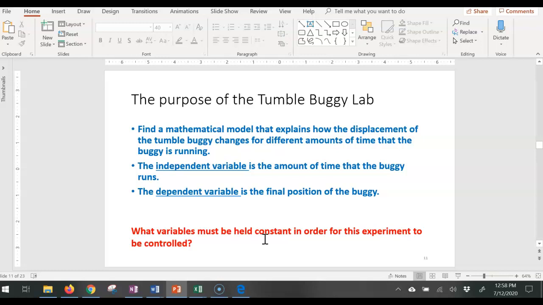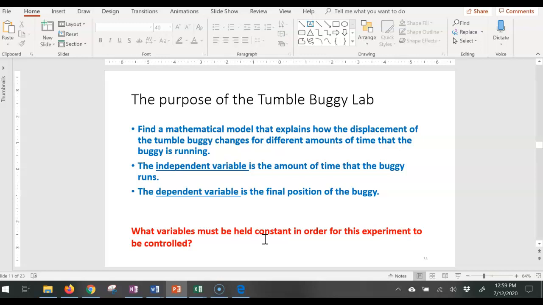I can decide how I'm going to design this experiment. The time is under my control. The dependent variable, though, is going to be the final position of the buggy. I don't know what that will be until I test it. That final position depends on how much time I let the buggy run. So it is the dependent variable.